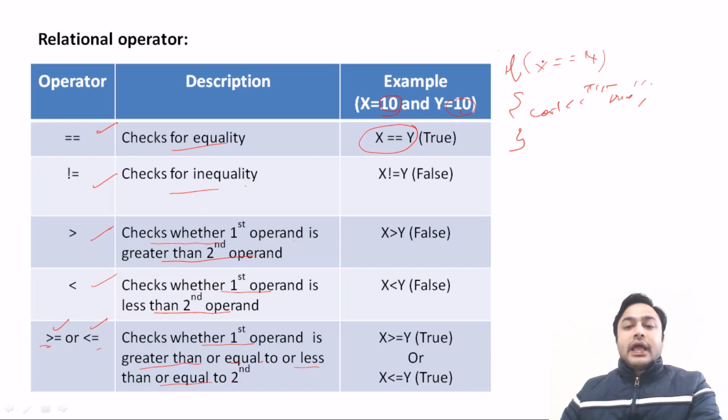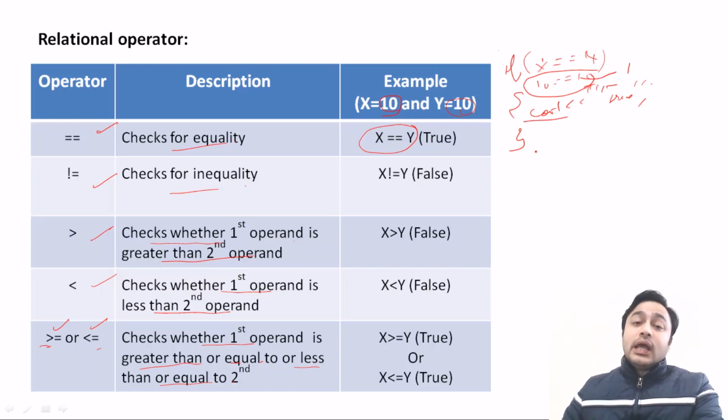So here the x value is 10 and the y value is 10. This condition is checked. So this is true. If this is true, then if body part will be executed. Otherwise, if condition is false, then this if body part will not be executed.